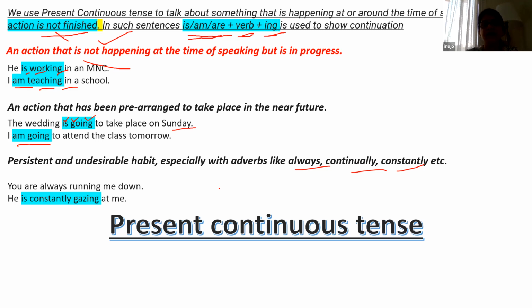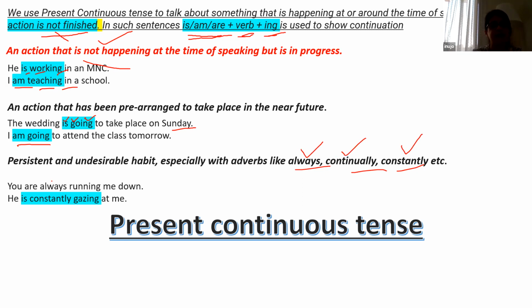Whenever these bad habits come with adverbs like always, continually or constantly, then it is again present continuous tense. You are always running me down.